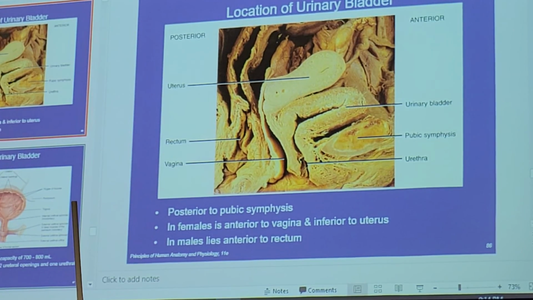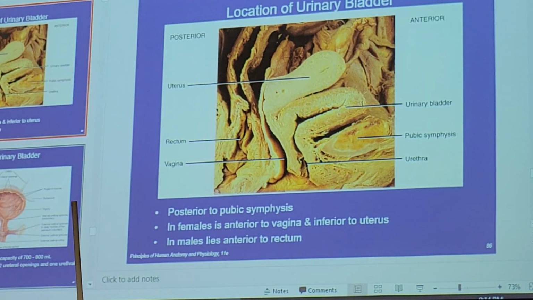Males are not quite as compressed because there's no uterus there. They're anatomically different, that's all.